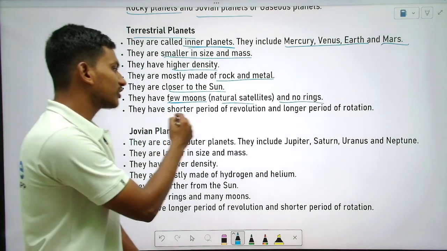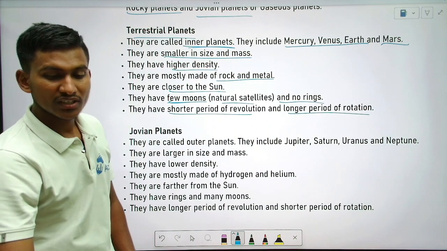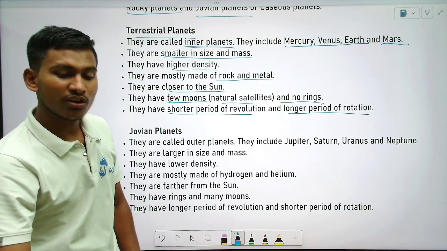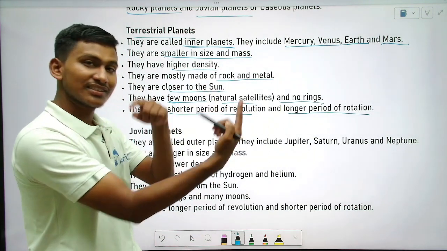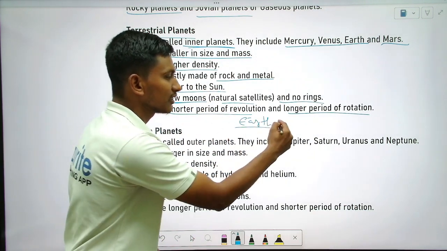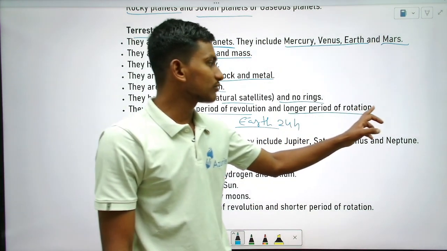They have a shorter period of revolution and a longer period of rotation. Revolution means around itself. Earth revolves around itself in how much time? 24 hours, right? And a longer period of rotation.